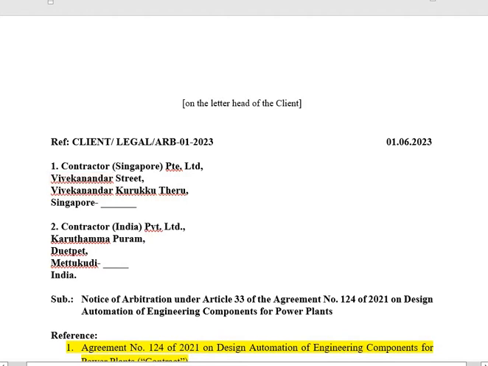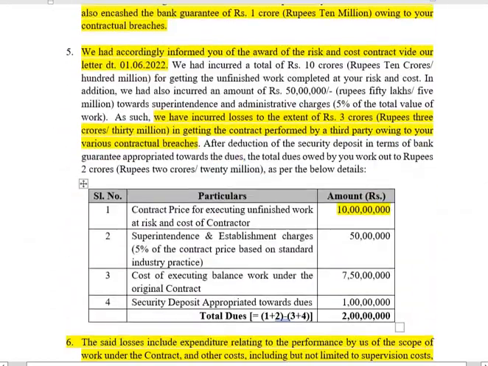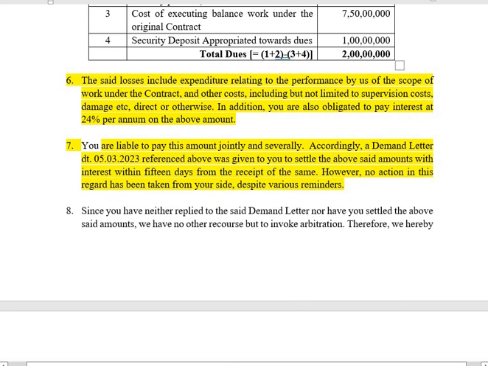One was the Singaporean parent company and the other was the Indian subsidiary of the Singaporean parent. So at least as per our fact sheet, we were to include both these parties in the notice of arbitration, although the agreement was signed by the Indian subsidiary. So this part says you are liable to pay this amount jointly and severally.